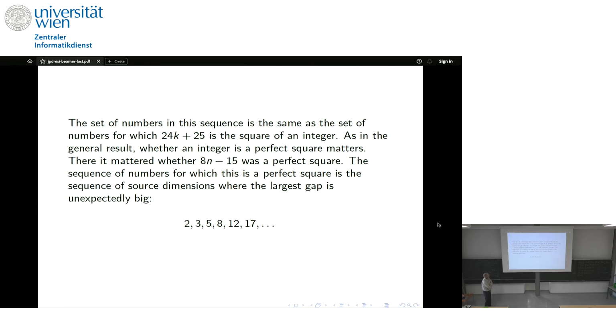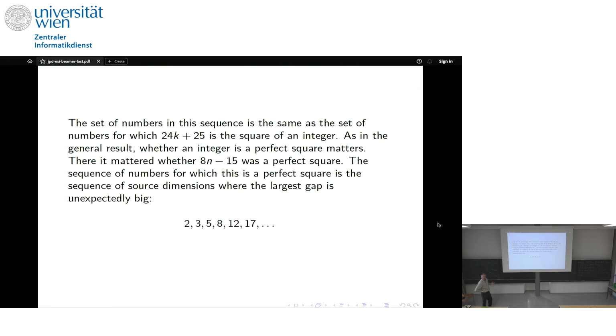For the quadratic gap, you get something that depends on whether 24k plus 25 is the square of an integer. In the general result, what mattered was whether 8n minus 15 was a perfect square.